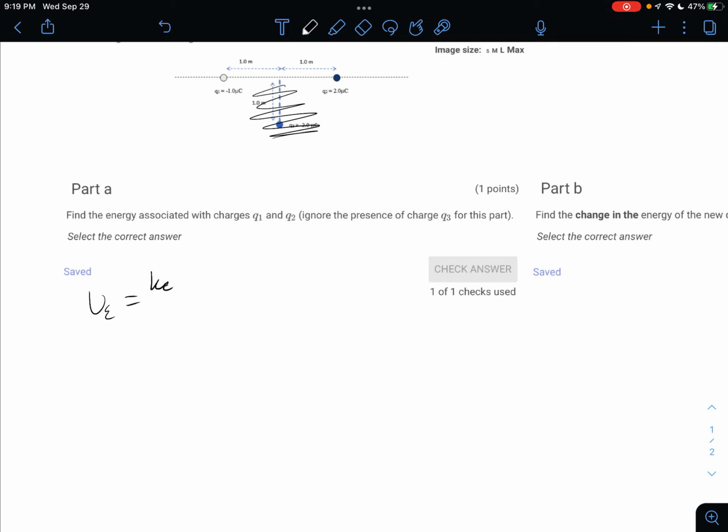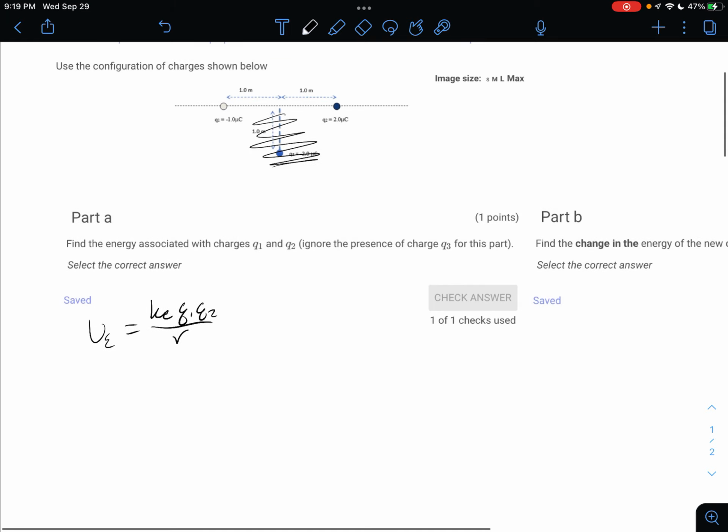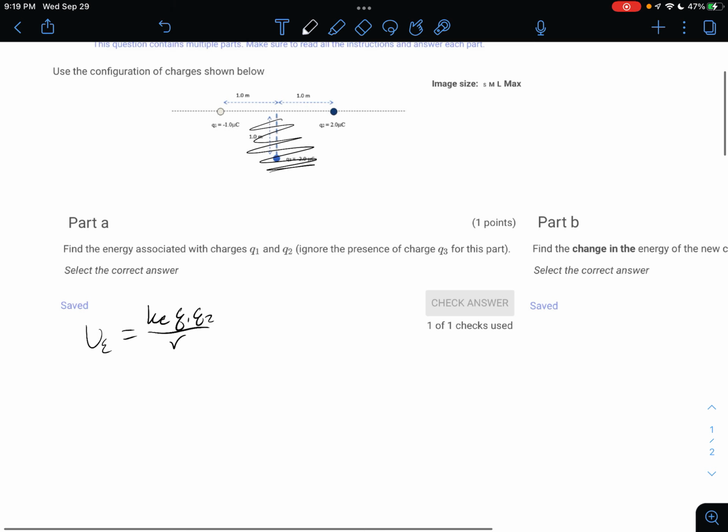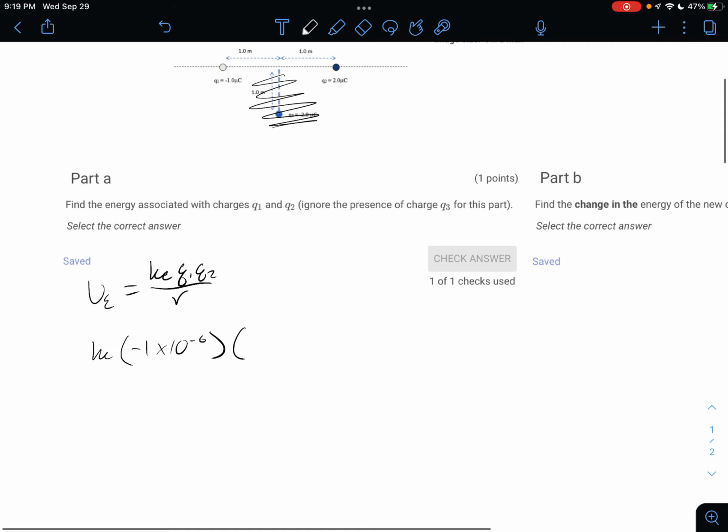My already done integral for me is going to be Q1, Q2 over R. That's going to give us our electric potential energy. So if we just have our two charges, so -1 microcoulombs, that's going to be Ke times -1 times 10 to the -6 times our Q2, which is going to be our 2 times 10 to the -6.